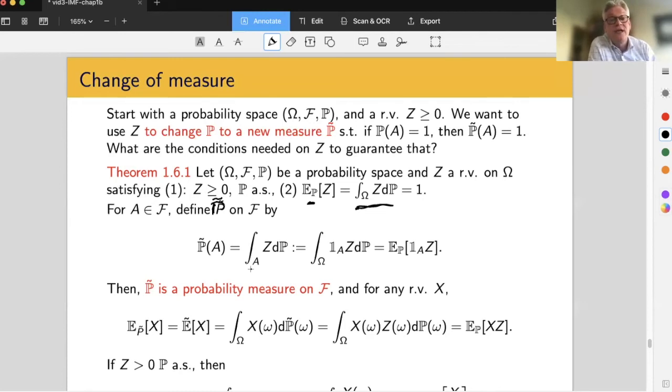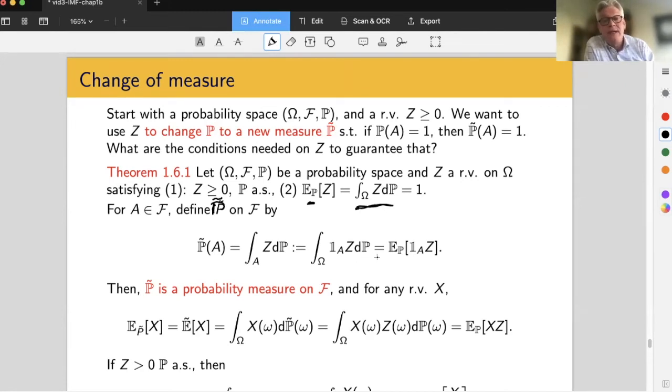It is an integral over Ω, our abstract space, of the indicator function of A times Z dP.